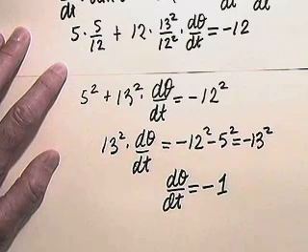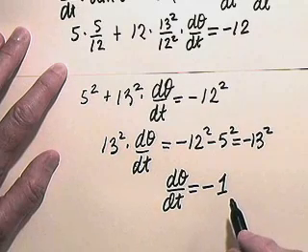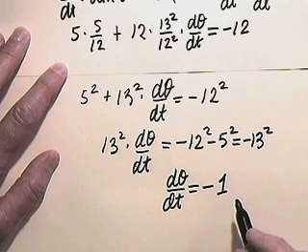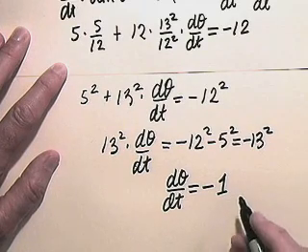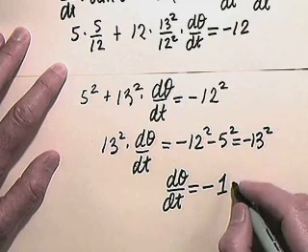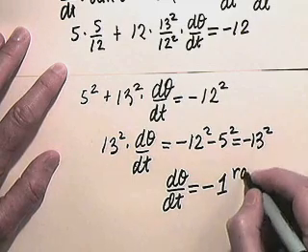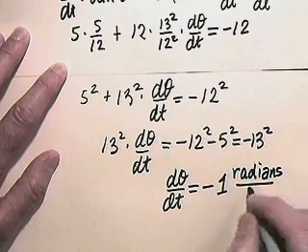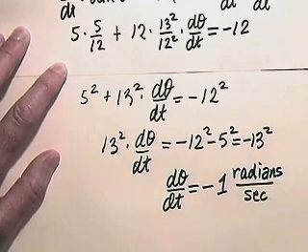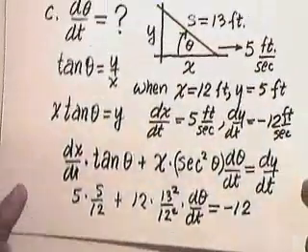Well, what does that negative 1 mean? First off, what are our units? Remember, when you're dealing in problems like this using geometry, the angles are in natural units, which are radians. So consequently, since our time is in seconds, the units here would be radians per second. So the angle is changing at the rate of negative 1 radians per second.